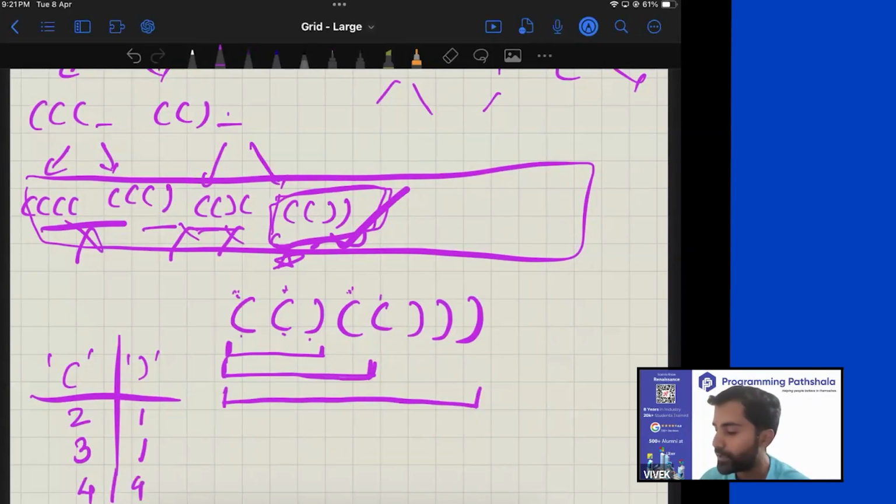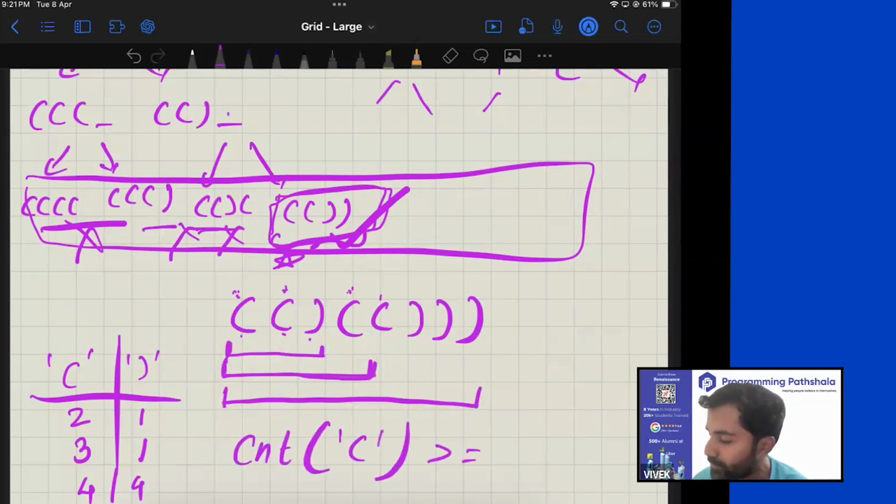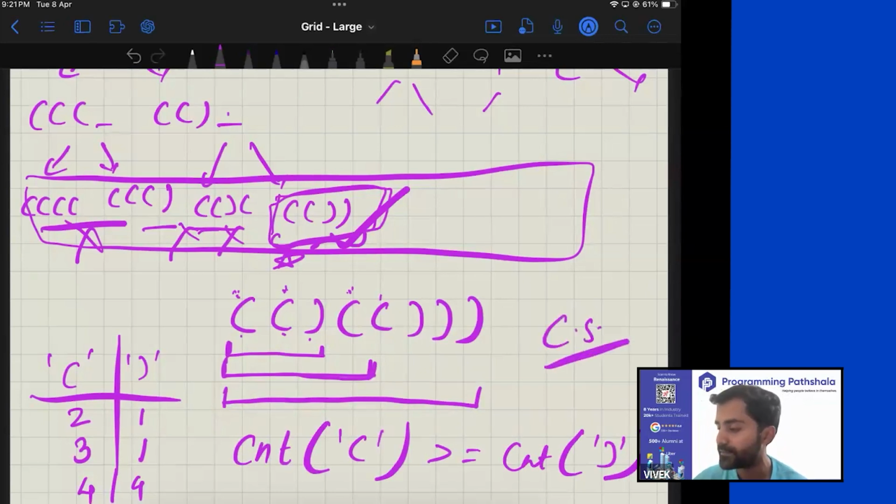See, there is one very important property, and that property applies to the prefix of your balanced parenthesis. That property says that every time, the count of opening brackets will be greater than or equal to the count of closing brackets. Now, this is not rocket science. This is pure common sense.